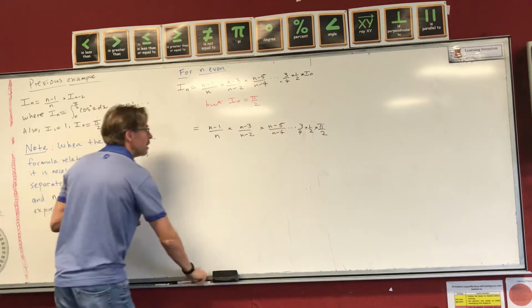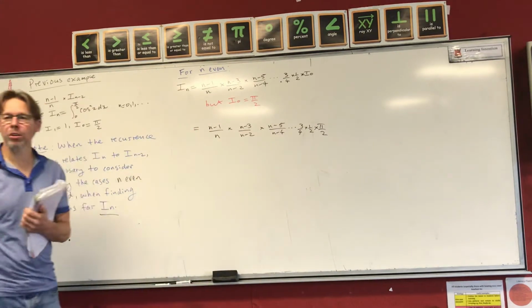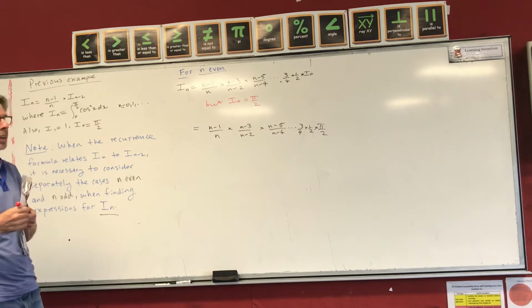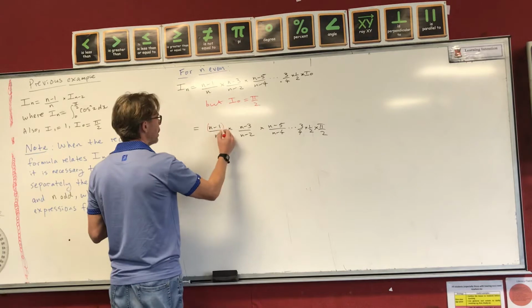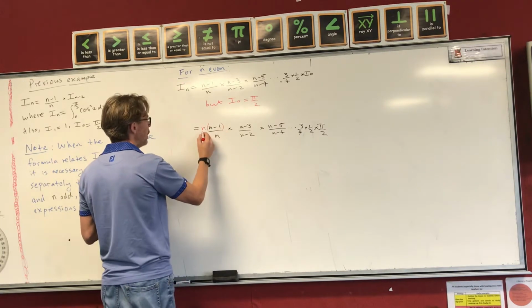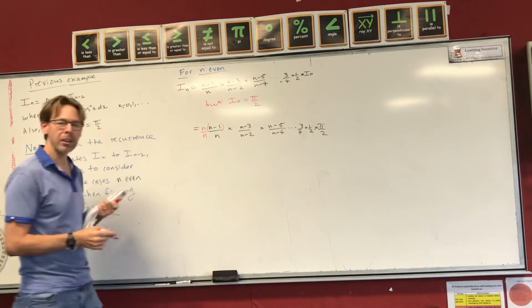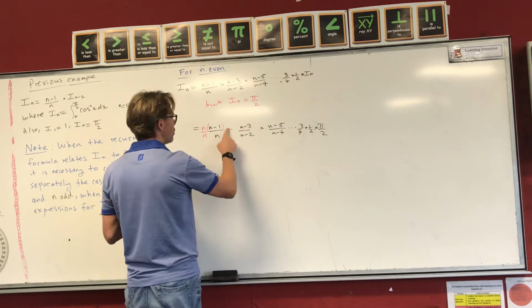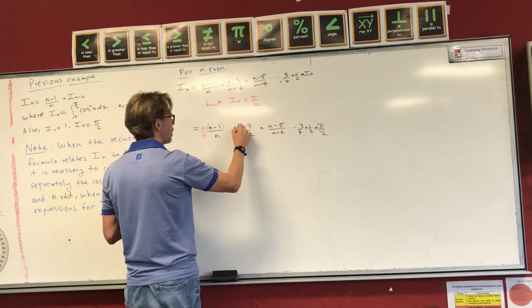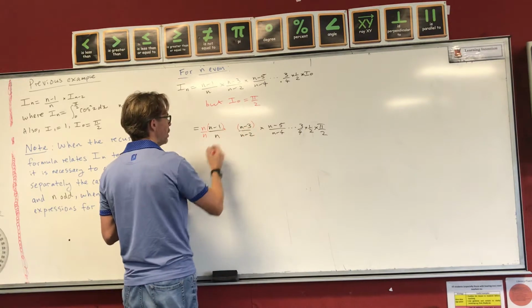Now, it kind of looks like a factorial, doesn't it? So let's see if we can create a factorial expression. The way we're going to do that is, I'm just going to put brackets there. If I put an n there and an n there, I can do that, because that's just 1. Put the times sign there, that's better.